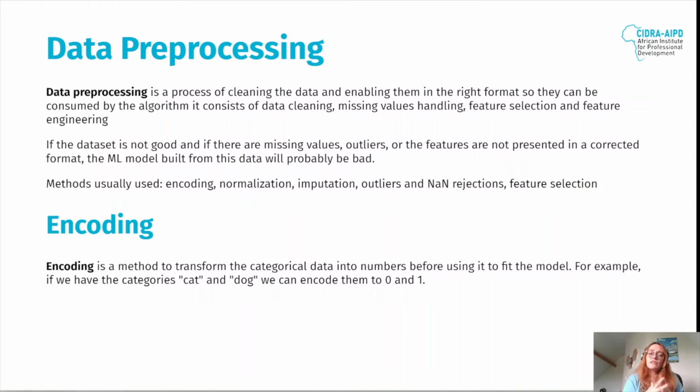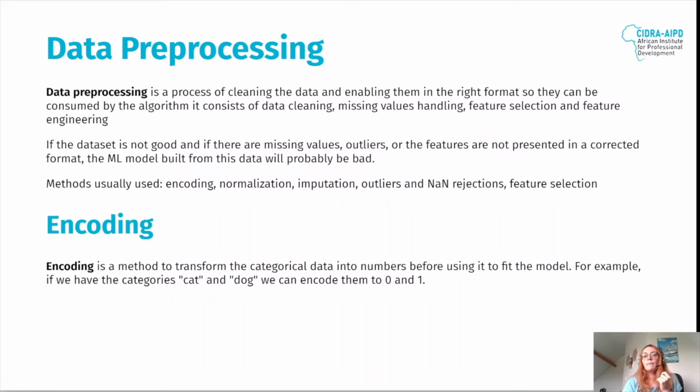To explain that a little bit more, encoding, for example, is a method where we transform categorical data into numbers. And why do we do that? Because some models cannot understand words, they need numbers. Other models are going to be a little bit smarter, but maybe because of the language.